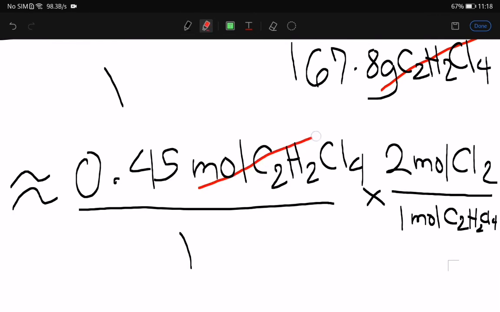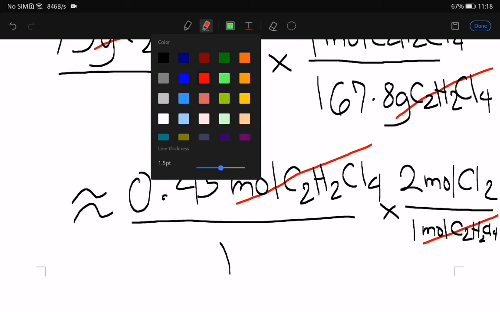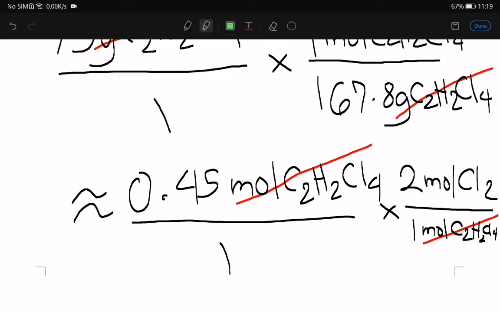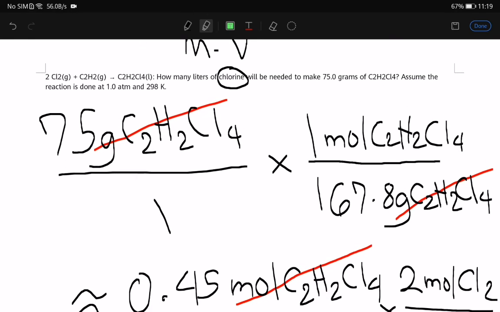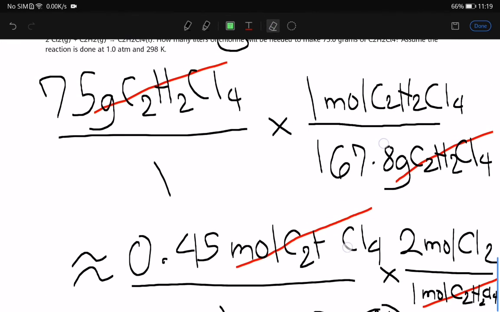Again, cancel that. 0.45 times 2 is just 0.90. So you have 0.90 moles of chlorine gas in 75 grams of tetrachloroethane, since that is where we started. That is what we plug into the ideal gas law equation.